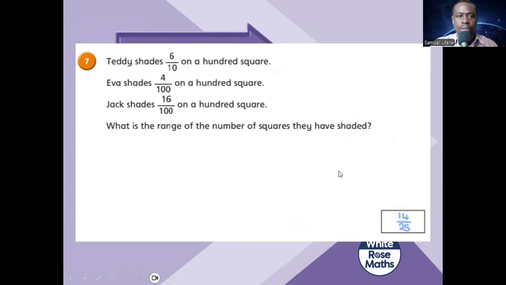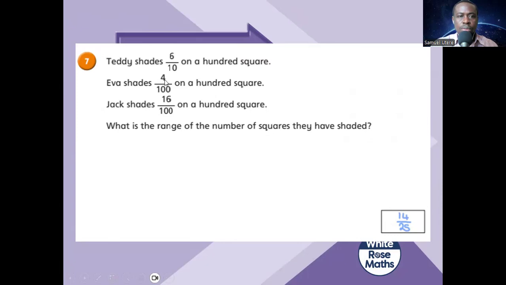Here are the answers. So here you were asked, what is the range of the numbers of squares they have shaded? It is important to identify the largest from the smallest number. And you know the range is the largest number subtract the smallest number. Here, this represents 60 squares.